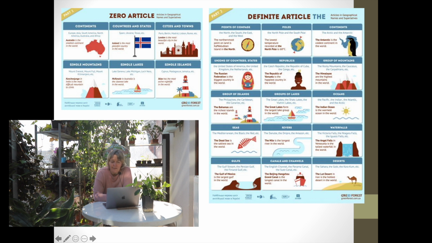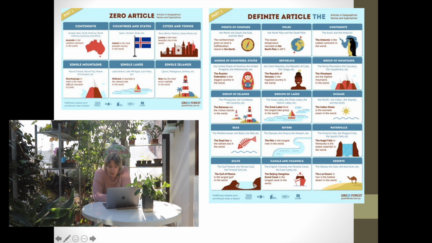Single islands, nope. They can have, like, the Isle of Wight or the Isle of Man, but if it's just a name, then it would be Anglesey or Skye. But groups of islands have the definite article, so the Hebrides, the Orkneys, the Shetlands.